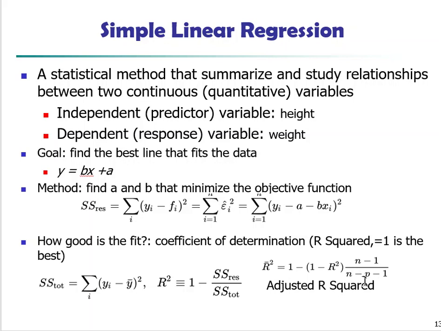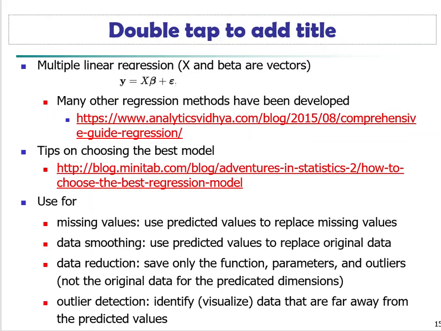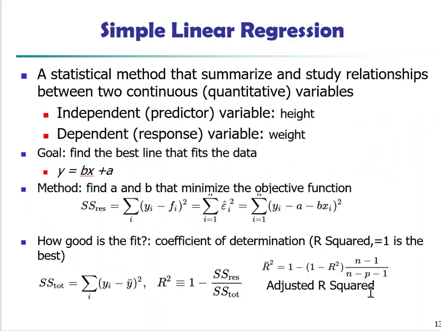So here we introduce another variable p. P is the number of independent variables introduced into the model. So basically that's the number of x. The more we have that, the greater R squared is going to be. Therefore, they have come up with this adjusted R squared to take into consideration how many independent variables were introduced into the model.